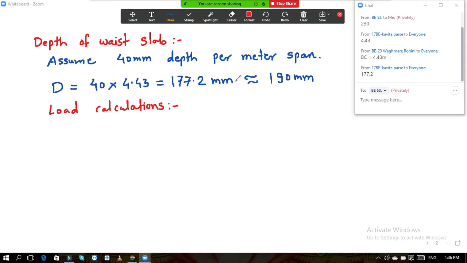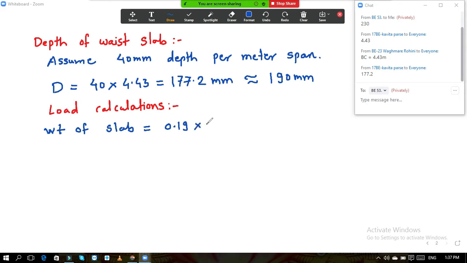Now in the load calculation, the first thing is the weight of slab. How do we calculate the weight of slab per meter run? It can be calculated from its overall depth. What is the overall depth we are considering? 190, so it is 0.19.